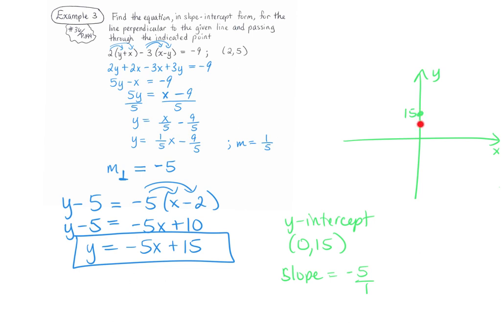So what point would this be? 10. But do we plot 10? No, you go over 1 to the right. And then if you want another one, you drop 5 and go over 1. But do we need to plot another point? No, because all you need is 2 points. That's it.